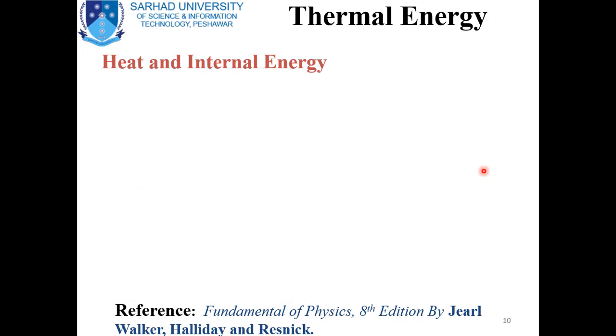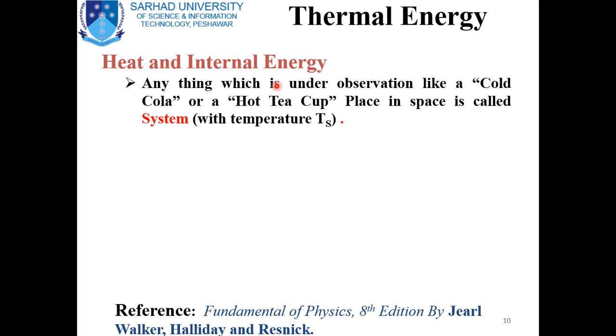Now our next topic of the lecture is heat and internal energy, which is also called the thermal energy of the system. But before we discuss heat and internal energy, we will discuss the terms system and its environment.